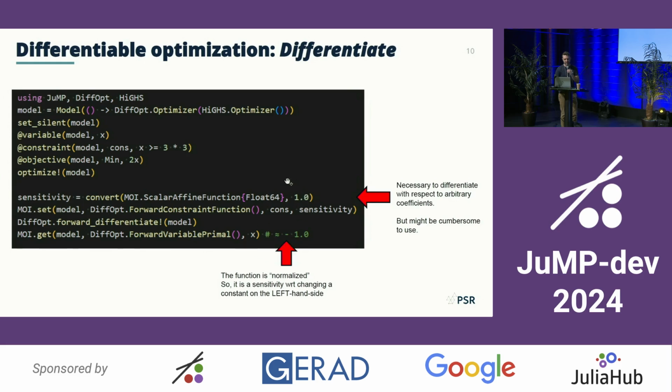The reason is that the function we are computing the sensitivity for is actually a constant on the left-hand side, because JuMP normalizes things. This is also a little bit of care that users sometimes get confused by. Sometimes people start using DiffOpt and say, why this minus sign? It should be the right-hand side. And, nope, actually, it's the left-hand side constant over there.